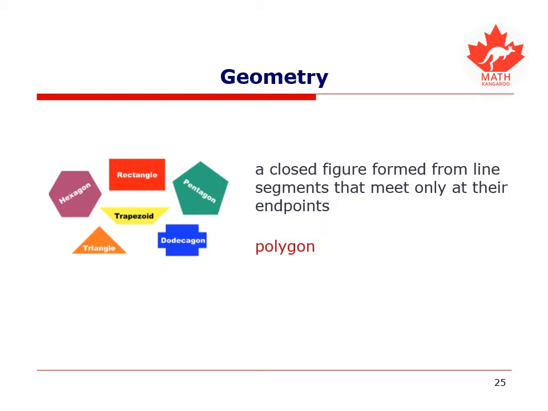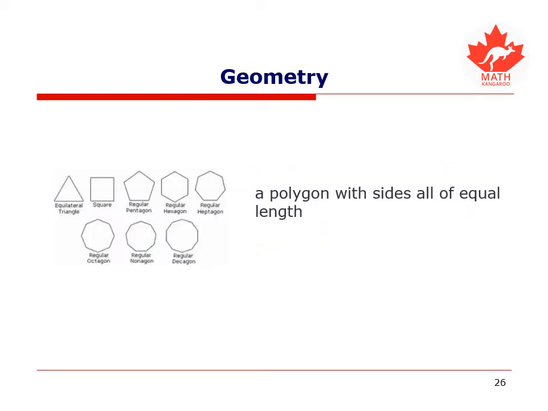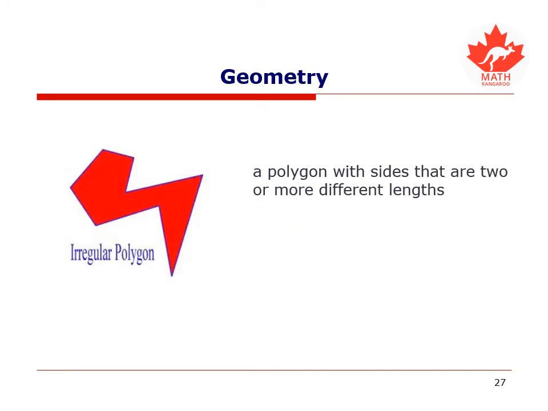Polygon. A polygon with sides all of equal length. Regular polygon. A polygon with sides that are two or more different lengths. Irregular polygon.